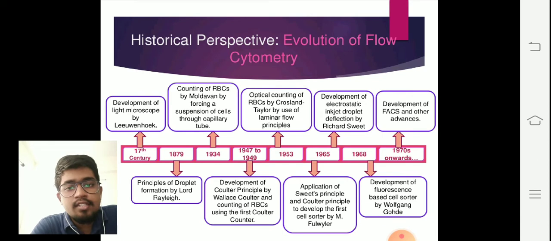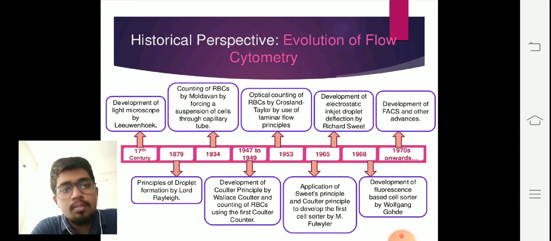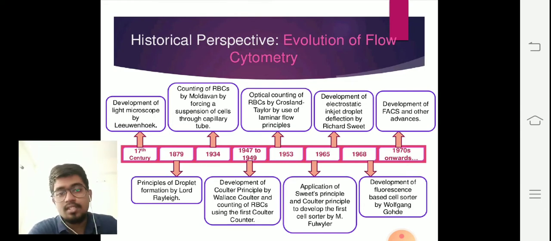Then in 1965, there was application of Sweet's principles and Coulter principles to develop the first cell sorter by M. Fulwyler. And again in 1965, there was development of electrostatic inkjet droplet deflection by Richard Sweet. In 1968, there was development of a fluorescence based cell sorter by Wolfgang Göhde. From 1970 onwards, there was development of FACS and other advancements, and FACS was nothing but the evolution of flow cytometry.